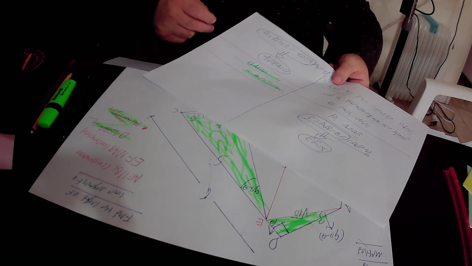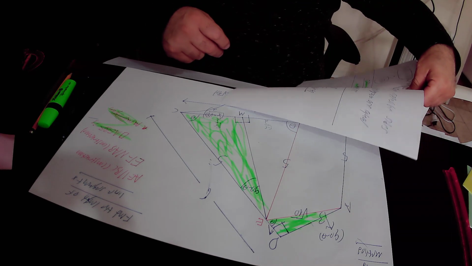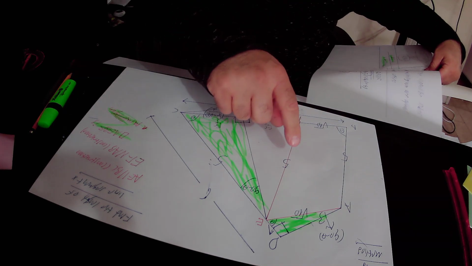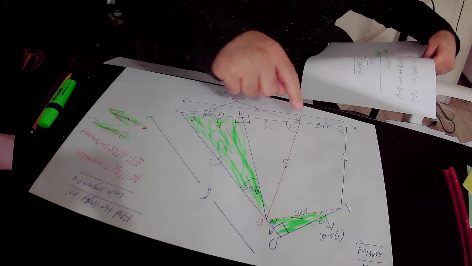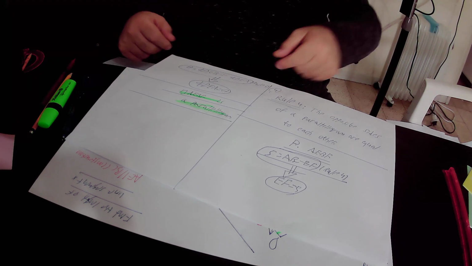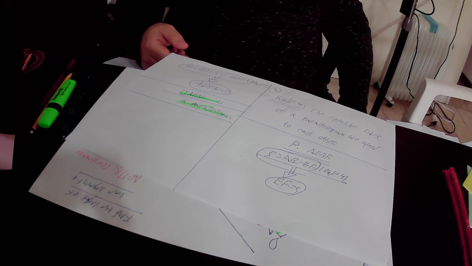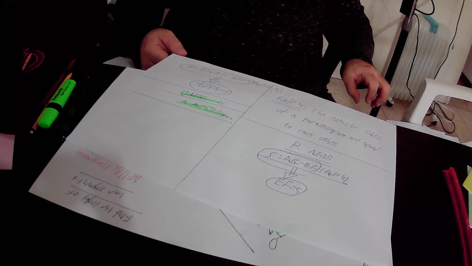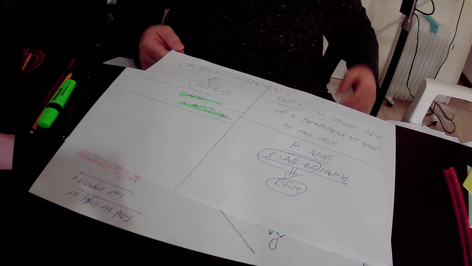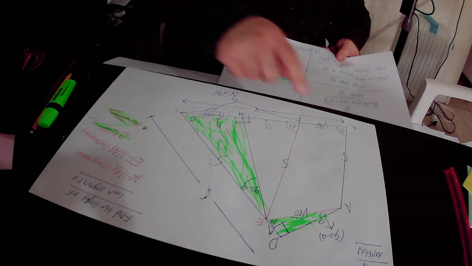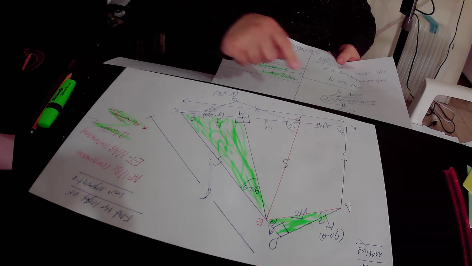AB equals EF according to rule number 4, that the opposite sides of a parallelogram are equal to each other. But it is given in the question that AB equals 5 units.